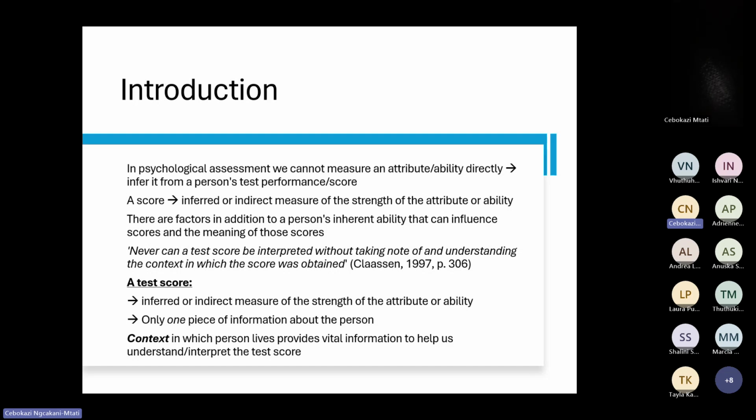But a score is not the only thing that we should be looking at. It's only one piece of information, because there are other factors in addition to their inherent ability that can influence their scores, as well as the meaning behind those scores.